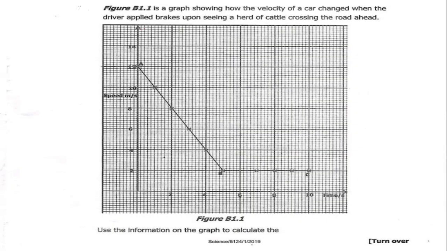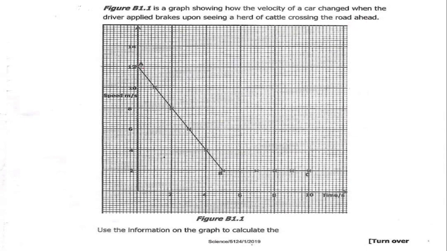Now in question number 2, we are told that figure B 1.1 is a graph showing how the velocity of the car changed when the driver applied brakes upon seeing a car crossing the road ahead.